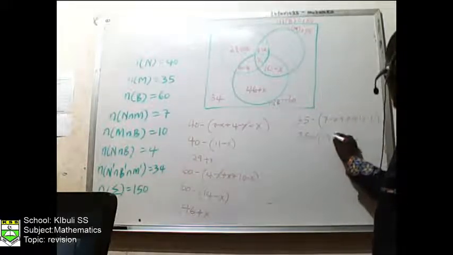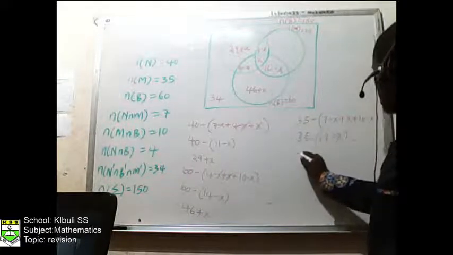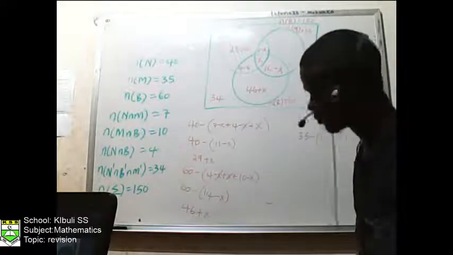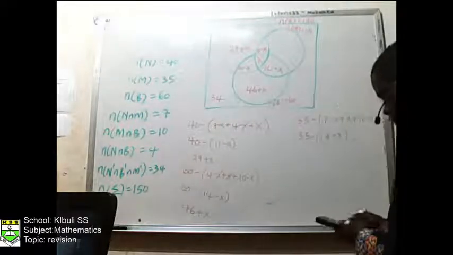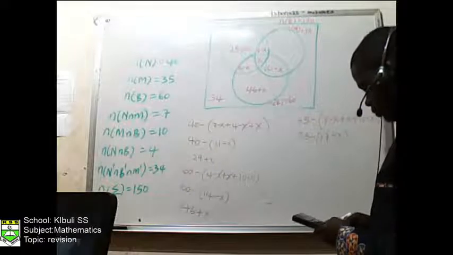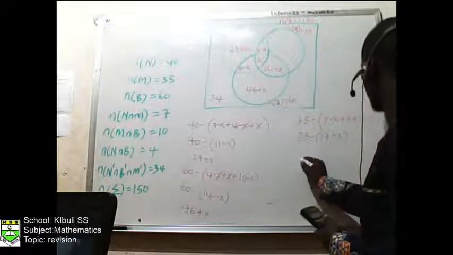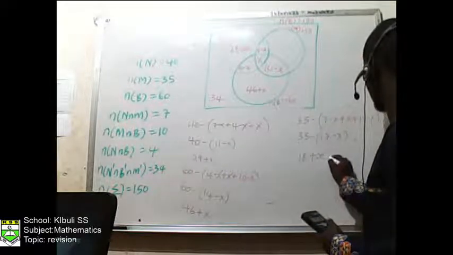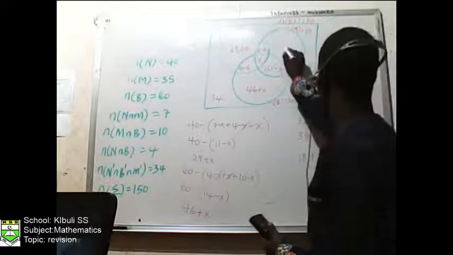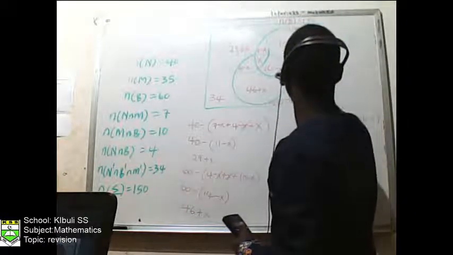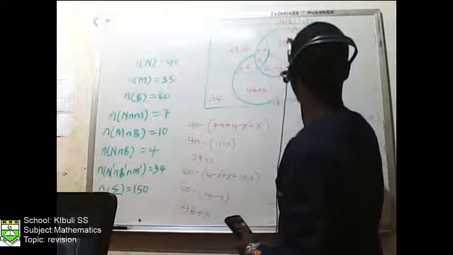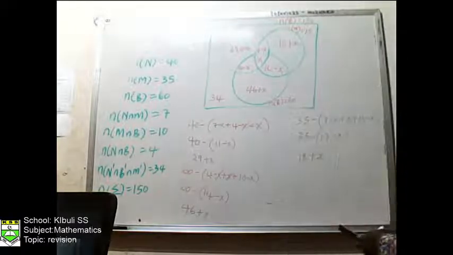It will be 17 minus x. And 35 minus 17, it will be 18 plus x when I subtract these ones. So my answer here is 18 plus x. Okay, so that is the set that we were looking at.